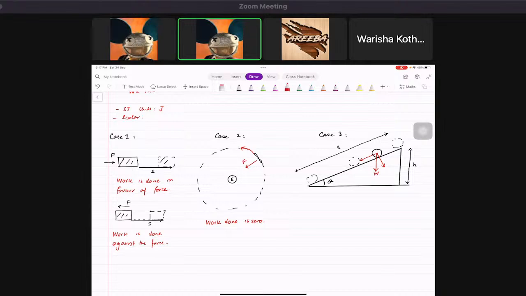And this theta, the angle, is the same as this theta, which makes this W cos theta and this W sin theta.